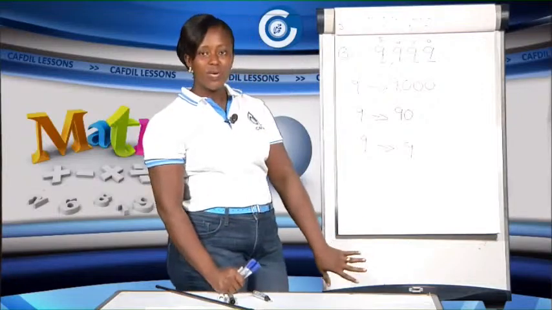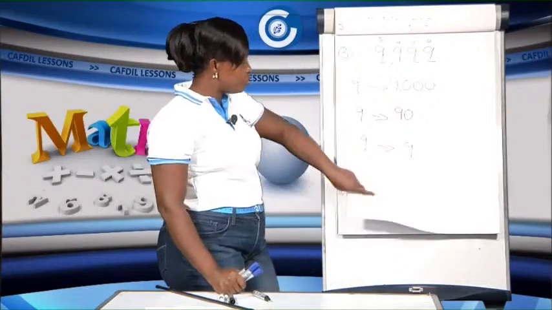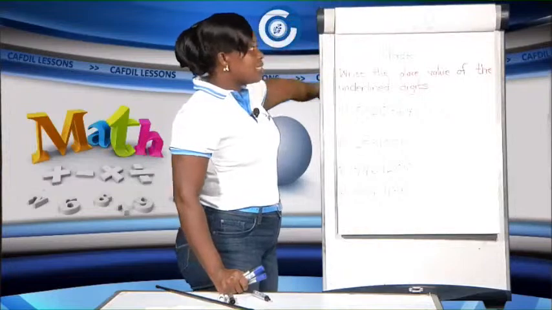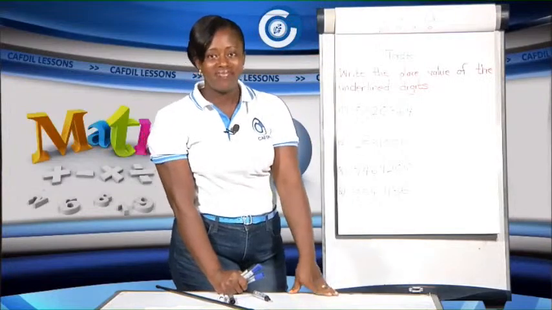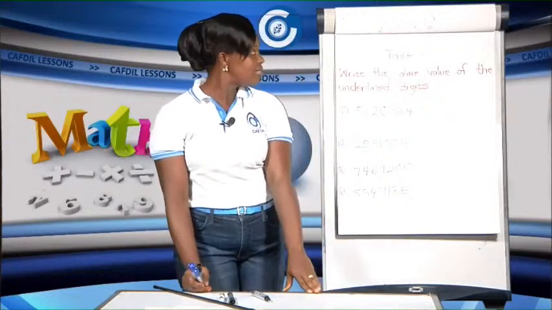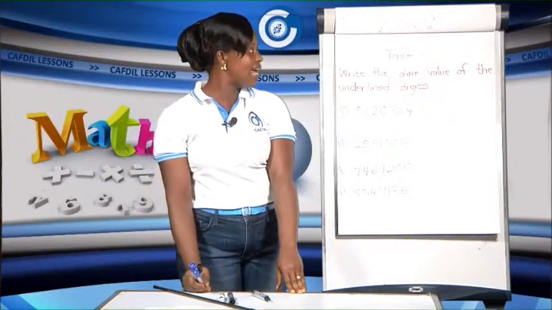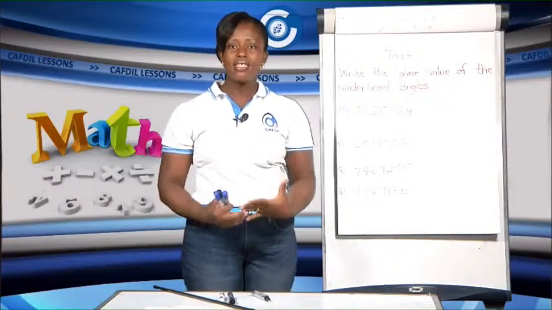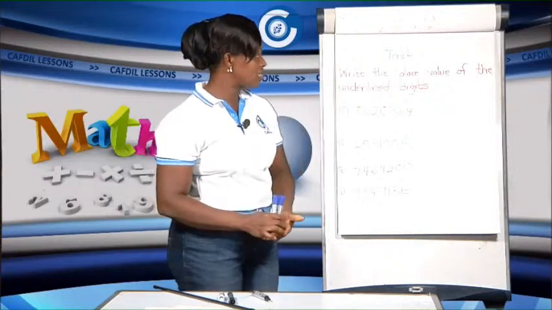Okay, on this note, I want you to do this at home for me. You have a task on your screen. Write the place value of the underlined digits.